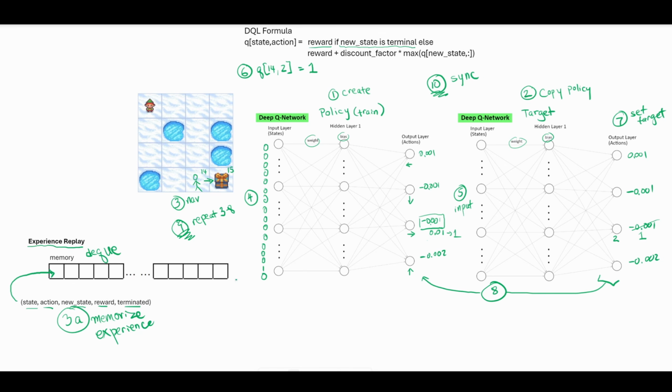How a deque works is that as the deque gets full, whatever is at the end gets purged. We need a step 3b. This is the replay step. This is where we take, say, 30 random samples from the deque and then pass it on to step 4 for training. So that's what experience replay is.